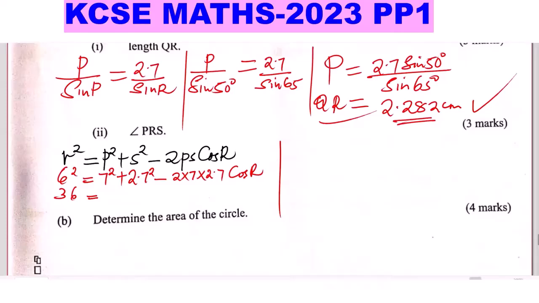That will give 56.29 minus 2 times 7 times 2.7. That will give 37.8 cosine of R.